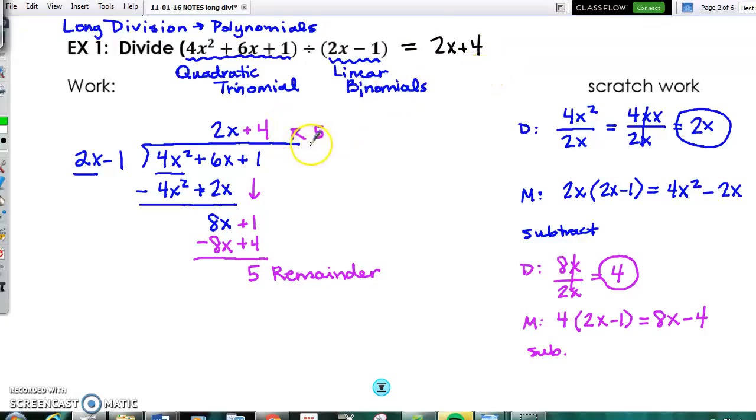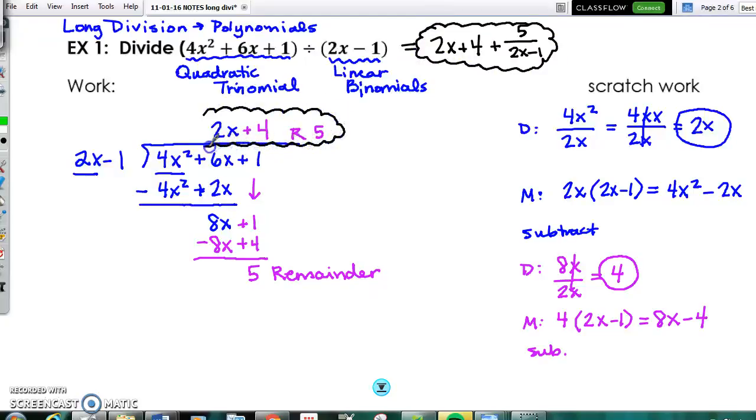And that remainder we put on top of what we're dividing by. So plus 5 over 2x minus 1. So there's two different ways to look at that same answer. And you're going to need to know both. There you go. There's one problem.